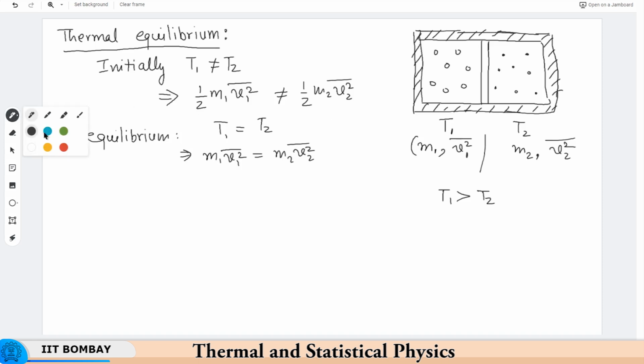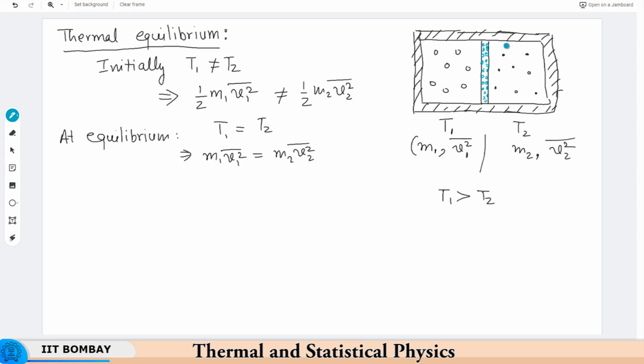But remember the conducting wall is also made up of many atoms or molecules, right, and every time these molecules collide with it, that kinetic energy gets transferred to the molecules in the wall, and since the molecules on the other side of the partition are also moving, these molecules will impart that energy to them, right.